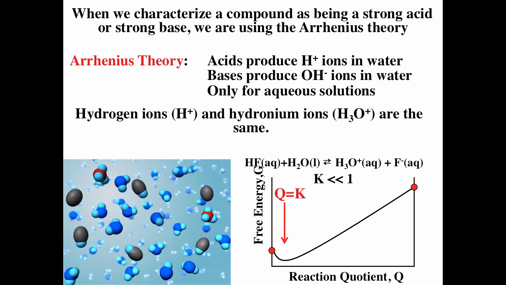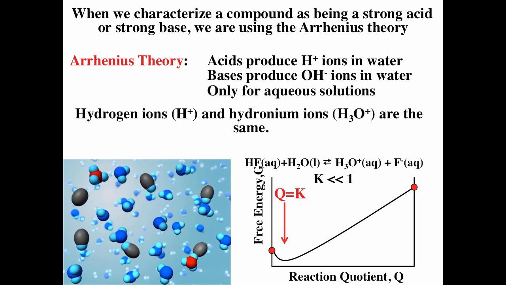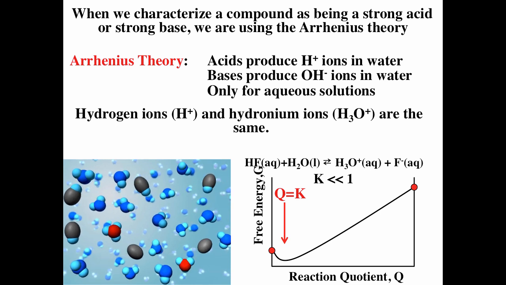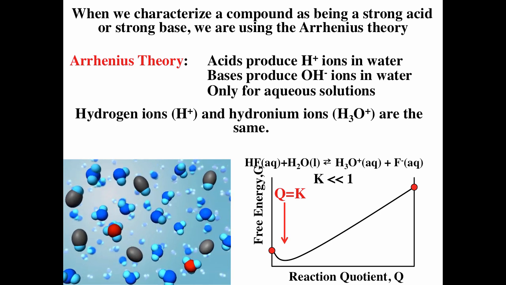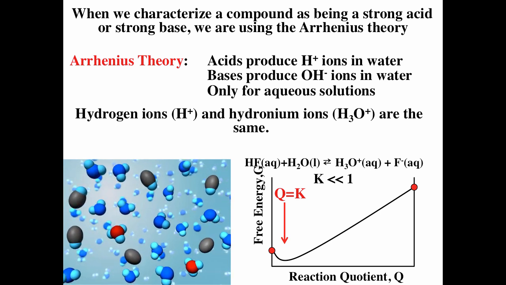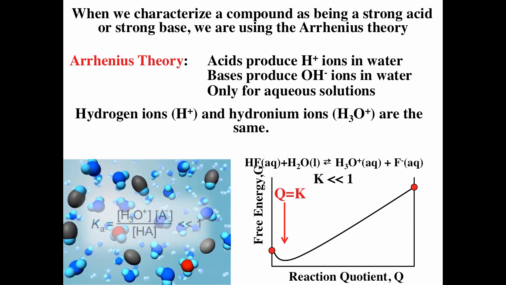Thus, a weak acid solution has a relatively high concentration of HA and very low concentrations of H3O+ and A-. Therefore, the acid dissociation constant is very small. And so in a bottle of weak acid, you have mostly the weak acid molecules and a little bit of hydrogen ions and a little bit of the anion.